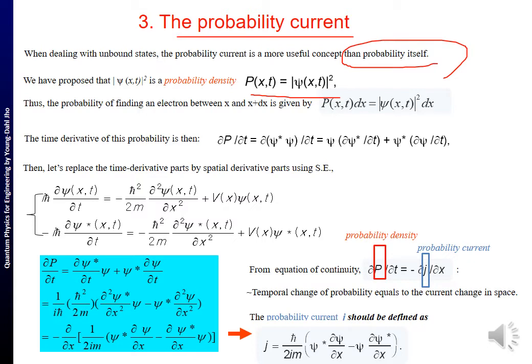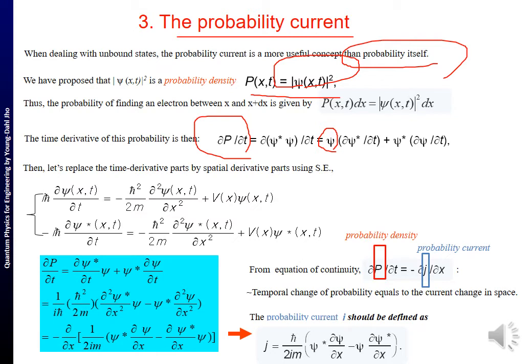The time derivative of this probability is then the partial of P with respect to t, equal to, we take the derivative here, the partial of psi star psi with respect to t, then the partial derivative gives psi times the partial of psi star with respect to t plus psi star times the partial of psi with respect to t.